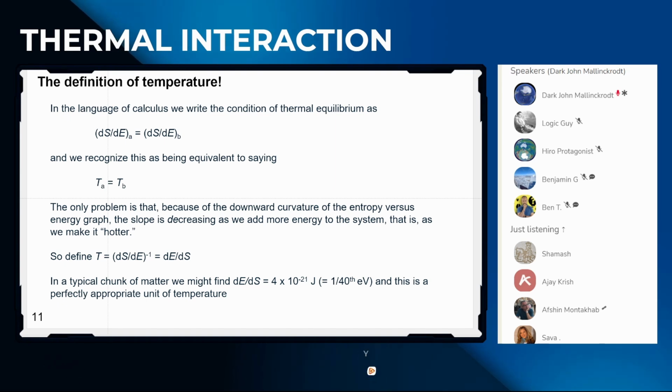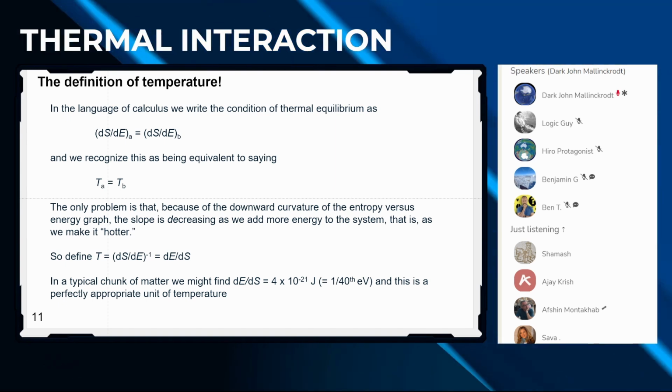When the entropy increases by 1, the energy increases by 4 times 10 to the minus 21st joules. I'm just telling you a fact of nature here. This is a kind of interesting fact of nature.